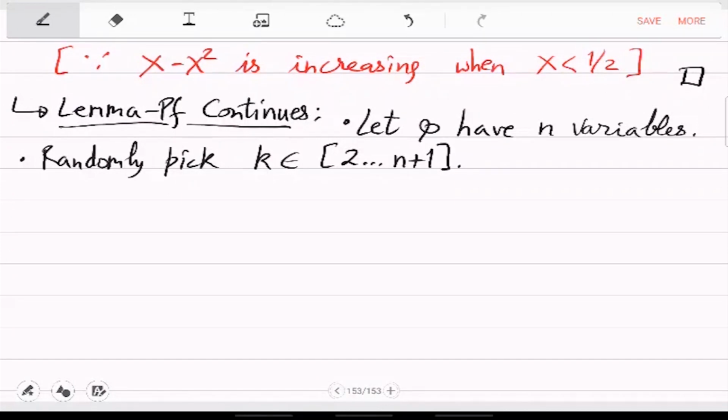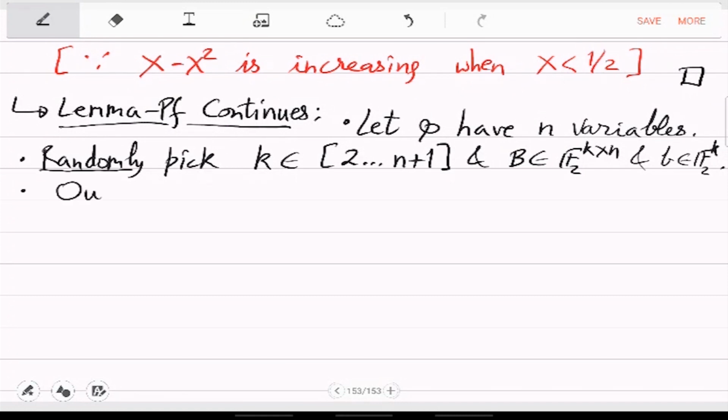So randomly pick k and big B and small b. Okay, so whatever we don't know, we are just randomly picking, which is what is k, what is big B, what is small b. That fixes the hash function. And once we have this random hash function, we can look at the bucket 0.